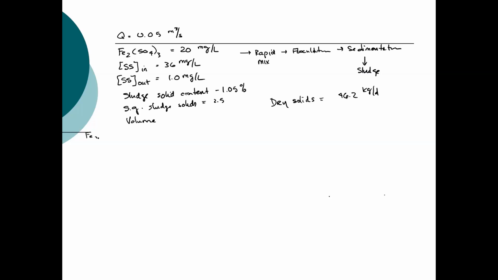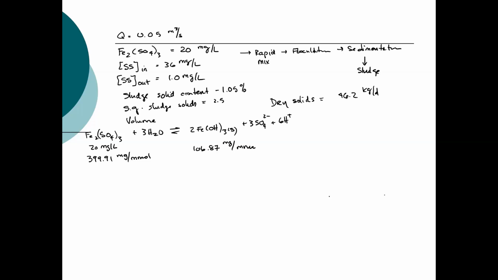But we have Fe2(SO4)3 plus 3 waters produces 2 ferric hydroxide plus 3 sulfate plus 6 hydronium ions. And we're adding 20 milligrams per liter. The molecular weight of ferric sulfate is roughly 400 milligrams per millimole and 106.87 milligrams per millimole for ferric hydroxide.